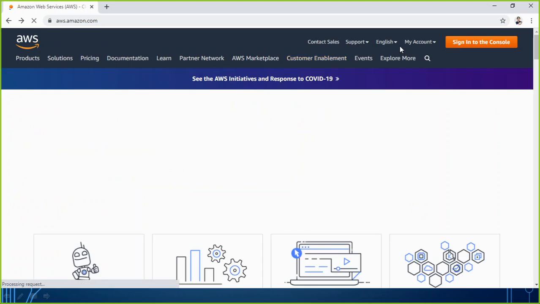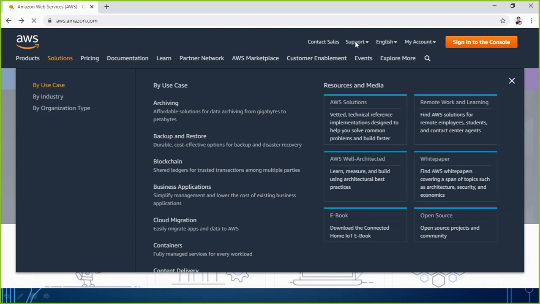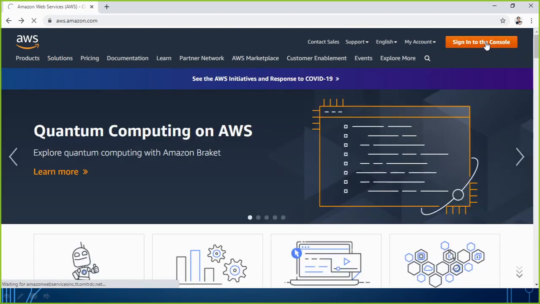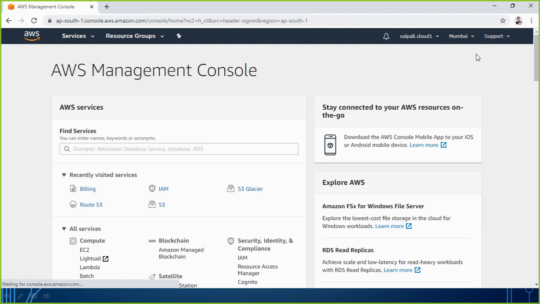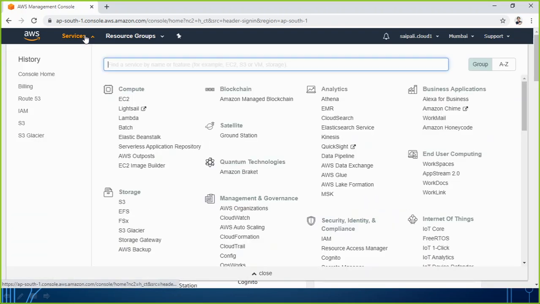From here also you can go to the services list. For example, if I have reached here, go to sign in to the console. You can go to the services list from here also, directly.